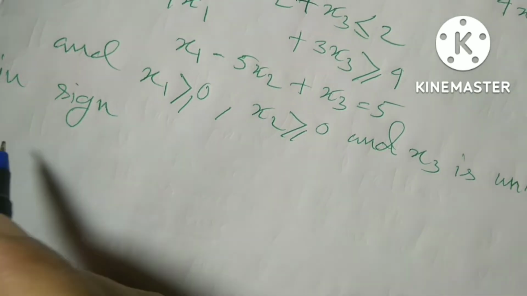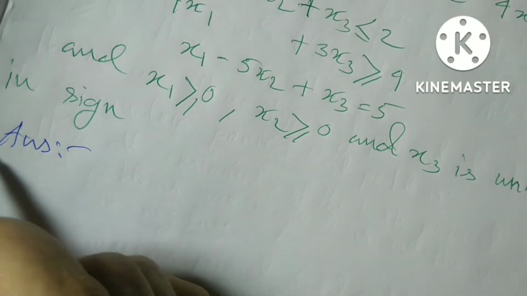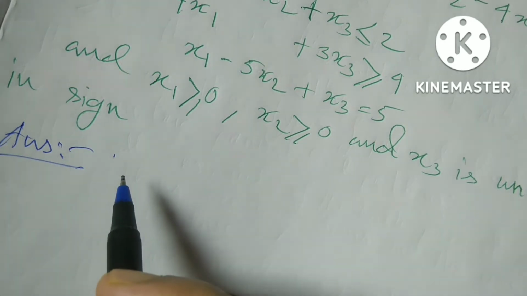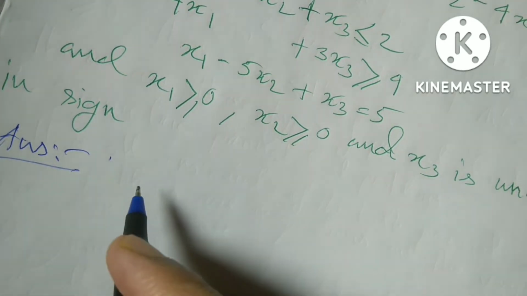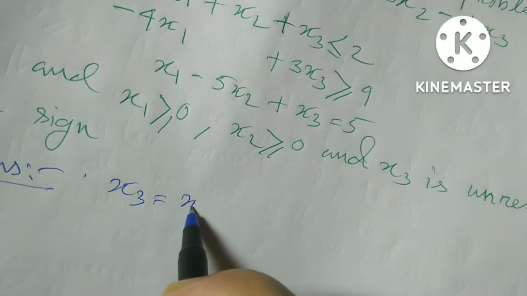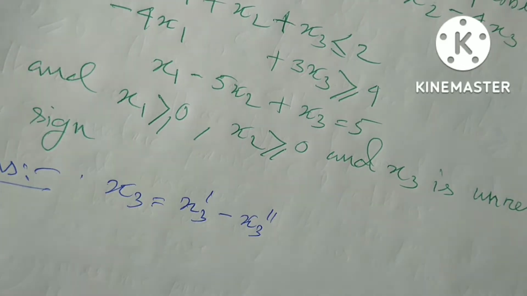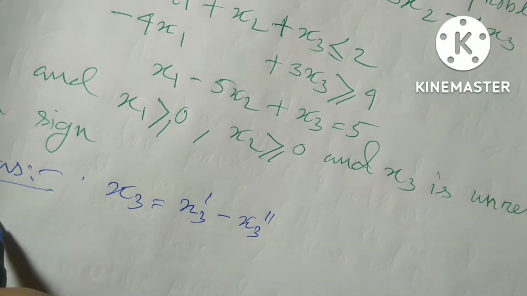So friends, answer. x3 I can write as x3 = x3' - x3''.